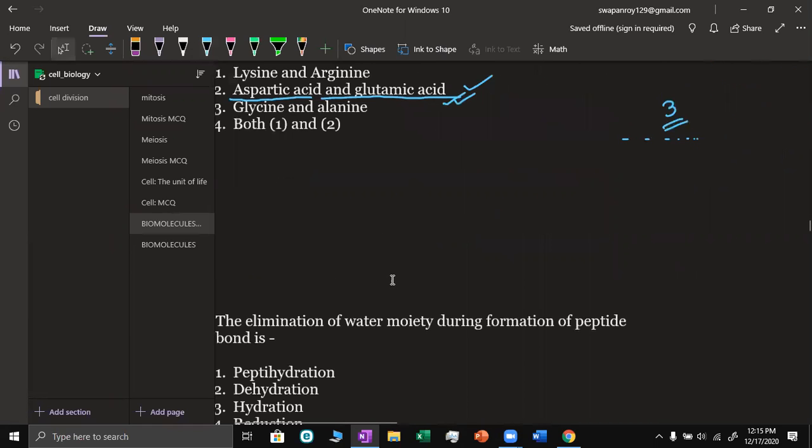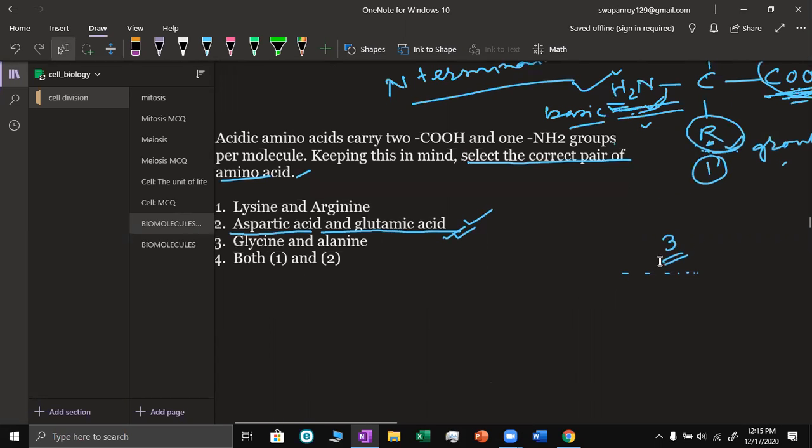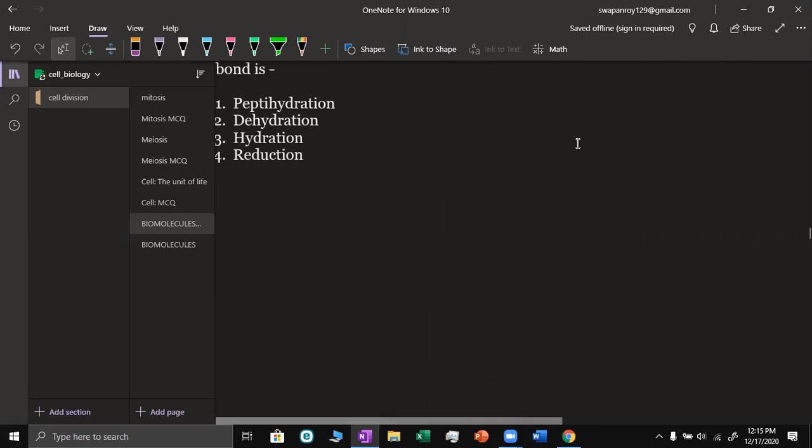Next question is elimination of water moiety during the formation of peptide bond. You always remember that there is a water molecule. Water is removed during the formation of this bond.